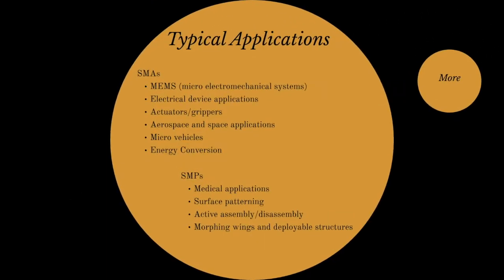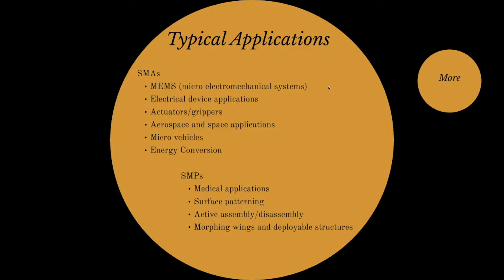And then some typical applications. For alloy, mostly this is the usage. You can have the shape memory alloy for your MEMS, or micro electromechanical systems, electrical devices, actuators, or grippers in aerospace, space applications, micro vehicles, energy conversion.